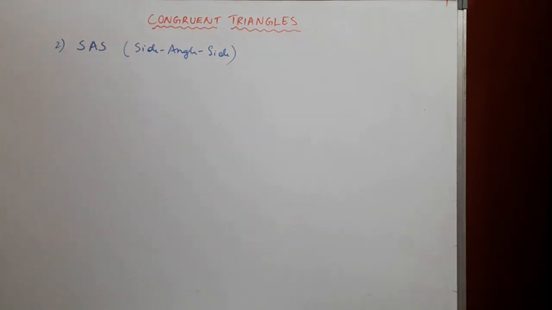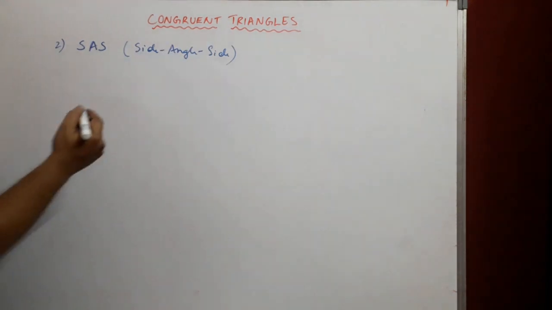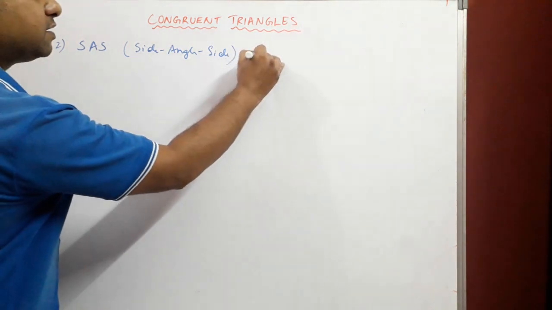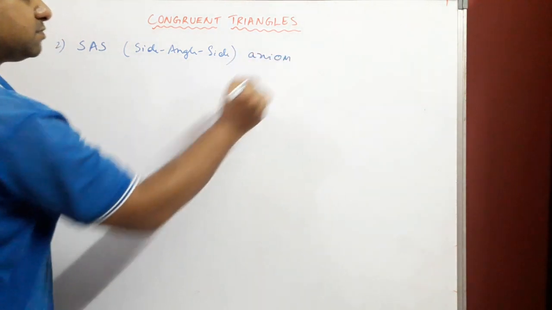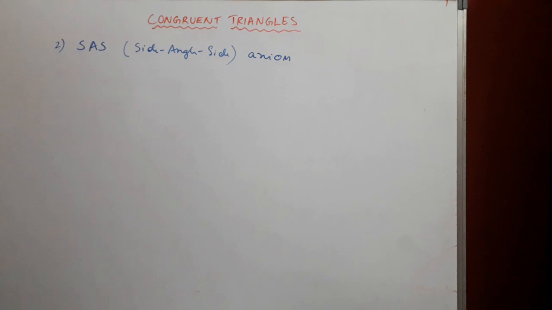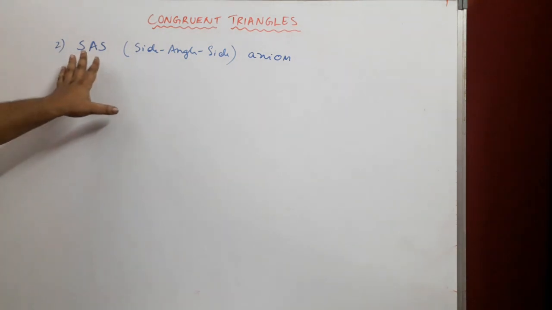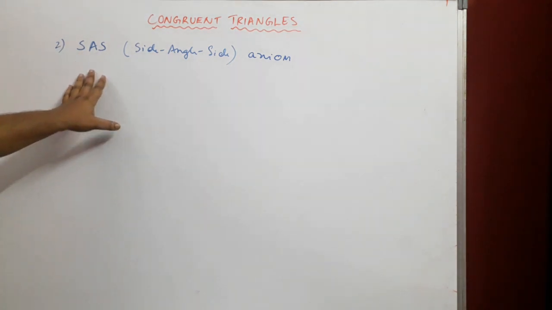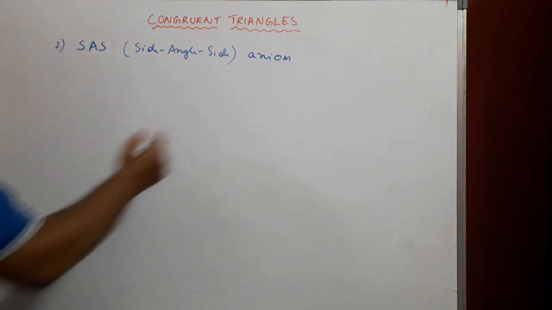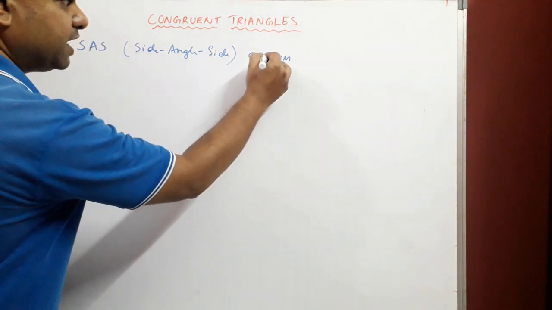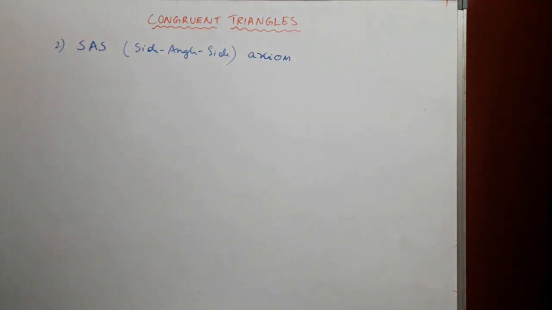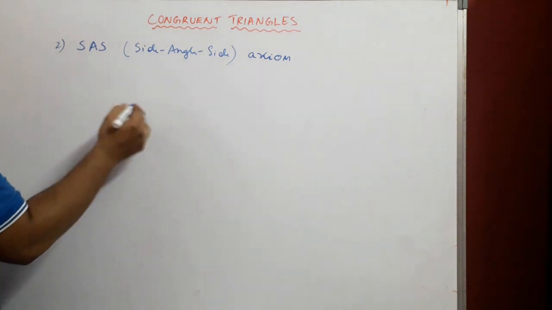The next congruence rule, or rather an axiom. What is an axiom? An axiom is a universally accepted truth. It's something that cannot be proved but is accepted as being correct. So this is known as an axiom. What does this axiom say or mean?